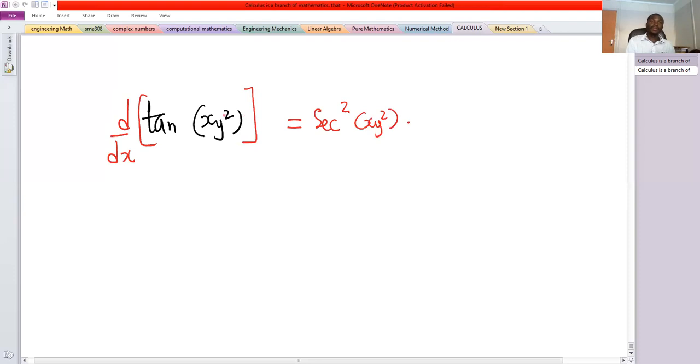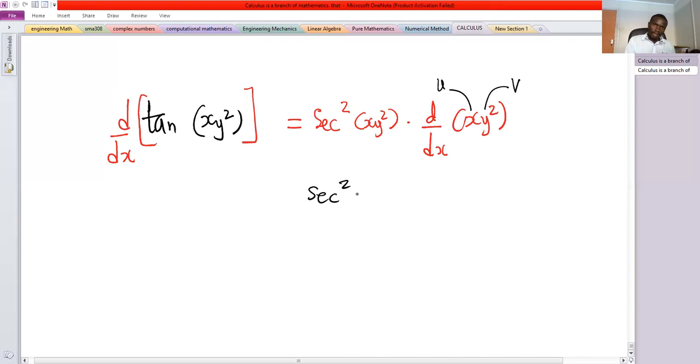And then by the chain rule, you have to differentiate this part. That's a product of two functions. So you'll use the product rule. So this is u, and then this one is v.